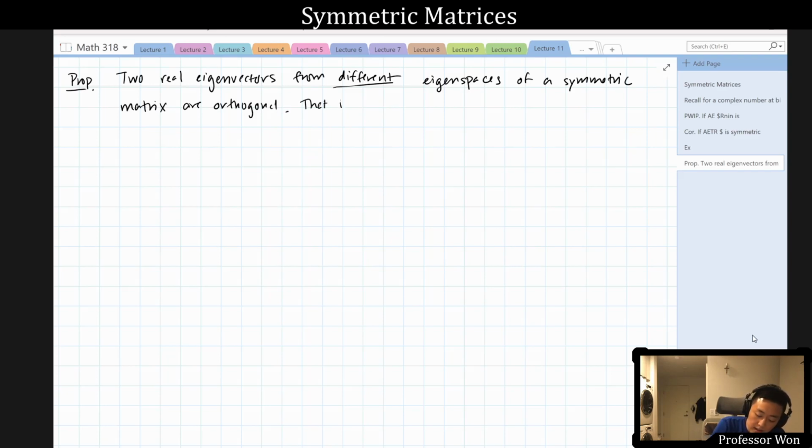That is, if lambda 1 is different from lambda 2, and x is in E lambda 1, and y is in E lambda 2, then x transpose y is equal to 0.